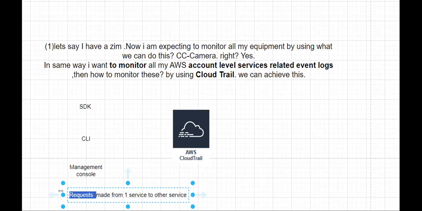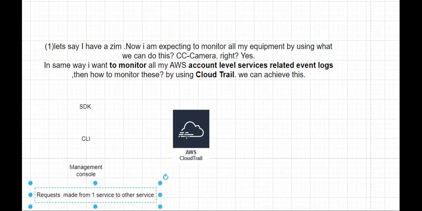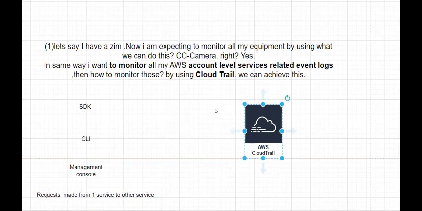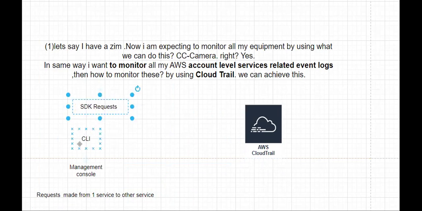Yes. So can I monitor all these logs by using this CloudTrail on my account level? On my account, however many AWS services are there, for those many services, I want to monitor these SDK level requests, the SDK requests that my account services will get, and CLI related requests.